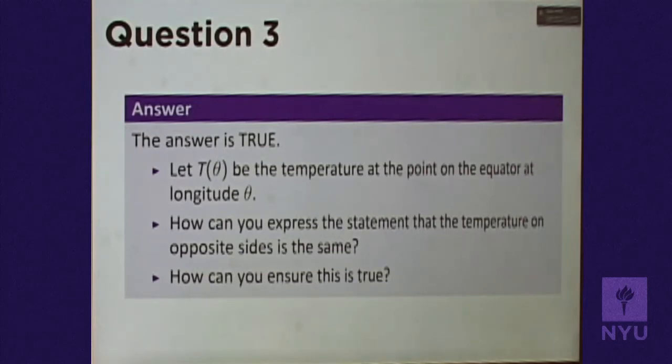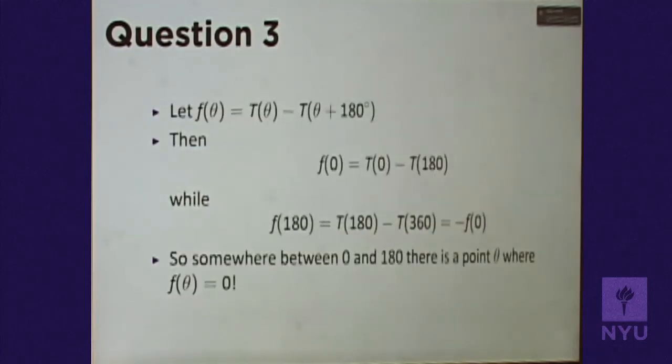So how could we assure that there's a number theta such that T of theta equals T of theta plus 180? Like before, let's take the difference between T of theta and T of theta plus 180, and we'll call that difference function f of theta. Now we know very little about the temperature as we circle the globe.